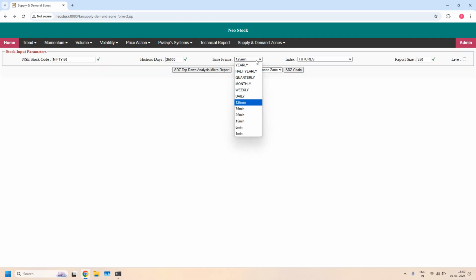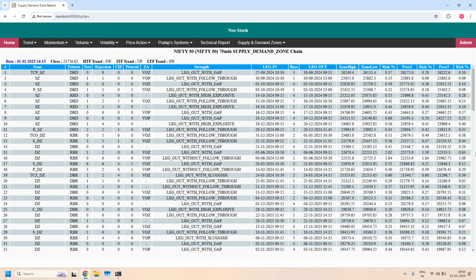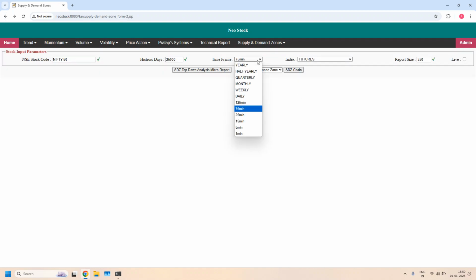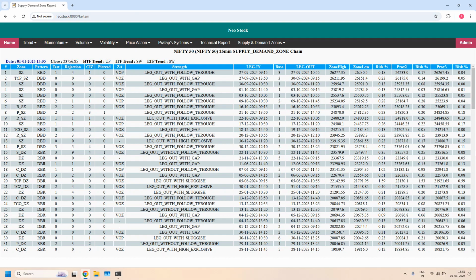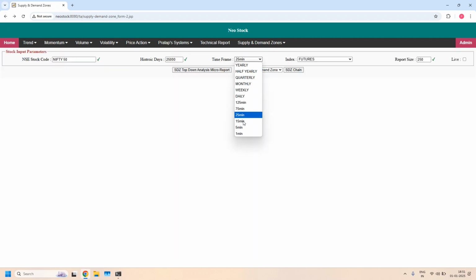Okay, next, 75 minutes supply demand zone chain for NIFTY. Next, 25 minutes supply demand zone chain for NIFTY. Next, 15 minutes supply demand zone chain for NIFTY.